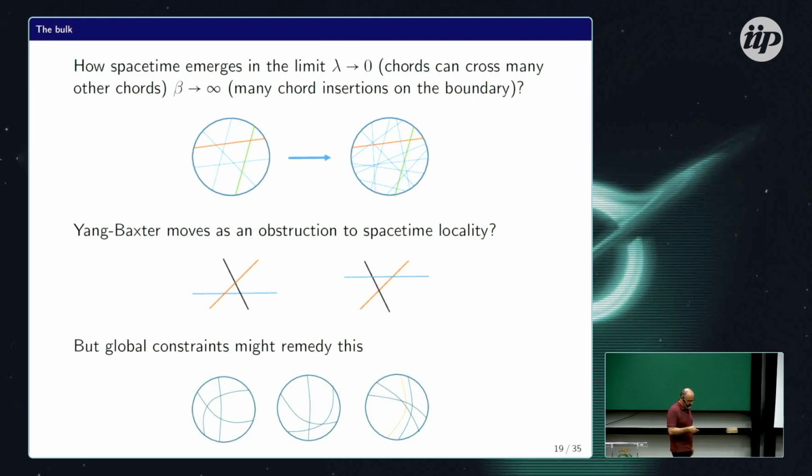So we reproduce spacetime, but let's discuss a little bit some of the subtleties. One subtlety, which is a little bit less of a subtlety, I think, is something like this. Suppose I give you some chord diagram, and it gets denser and denser. So let's just look at the intersection of three chords.